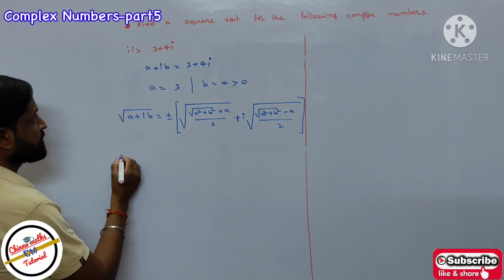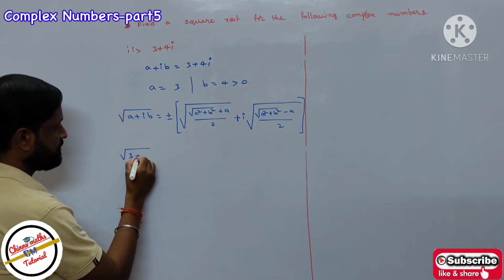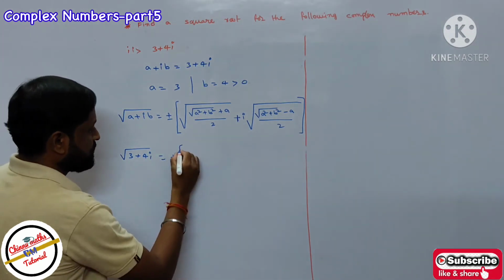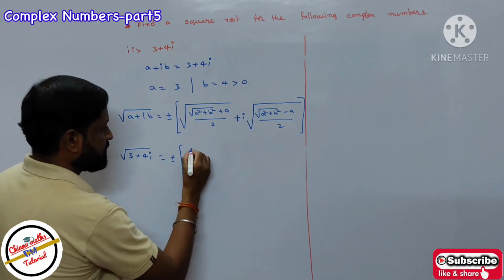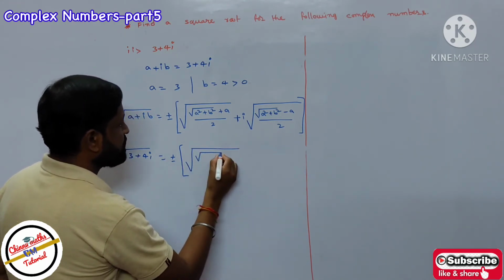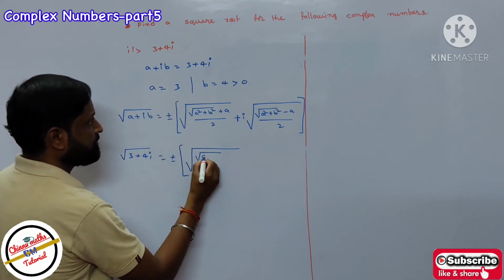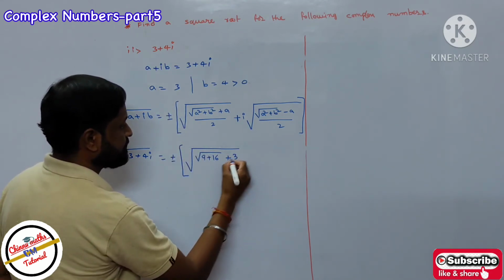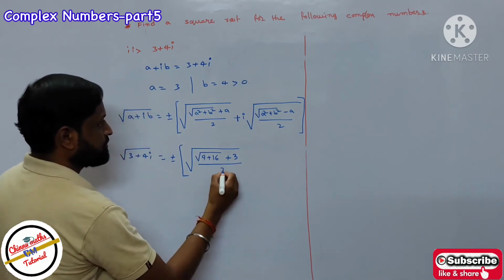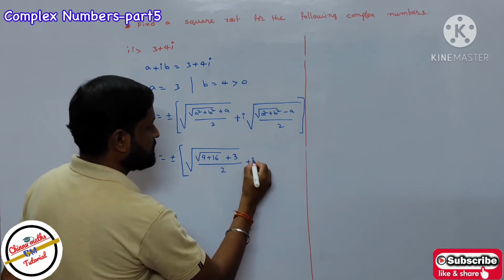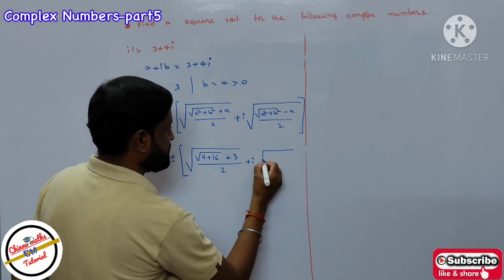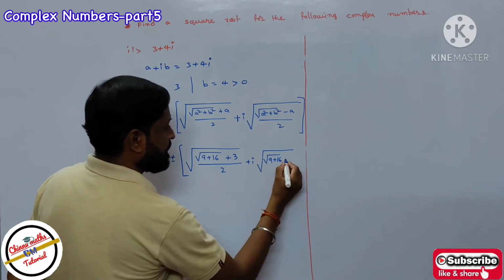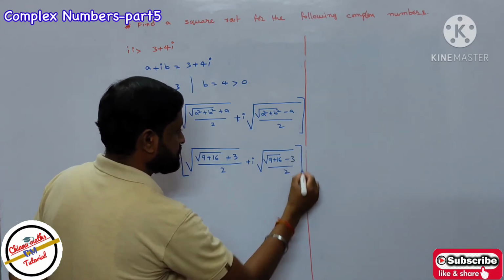Then substitute. The square root of 3 plus 4i equals plus or minus the square root of, again, the square root of a square plus b square, over 2, plus i into the square root of a plus the square root of a square plus b square, minus a, over 2.